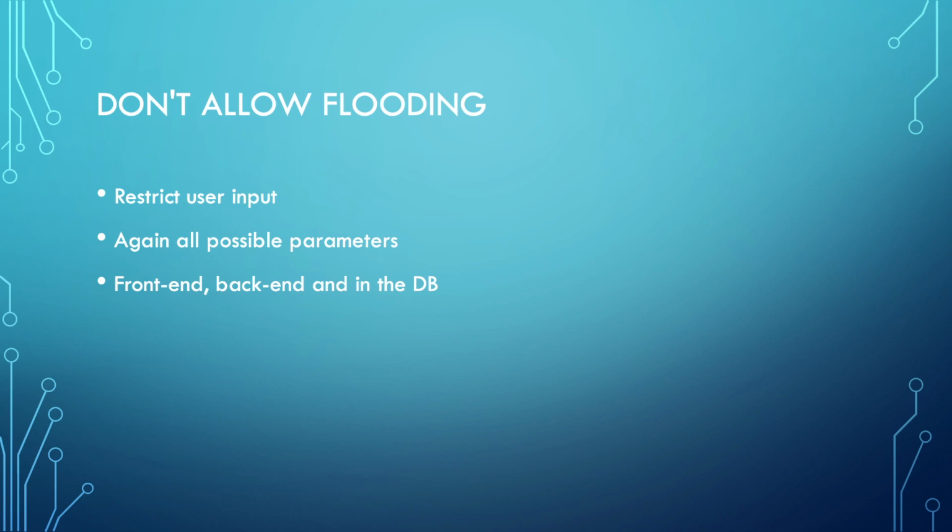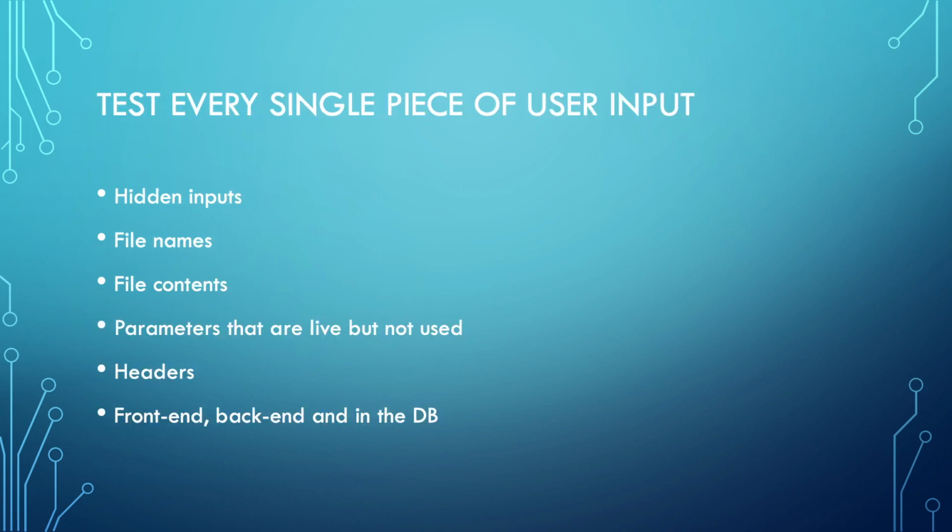We call this an application level denial of service attack. And to do this, we want to restrict user input again on all fronts. So that's front end, back end, and database level, and against all possible parameters, the same that we saw before, of course.